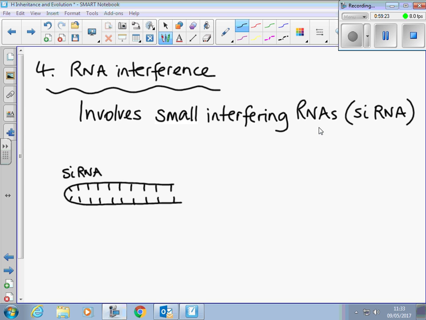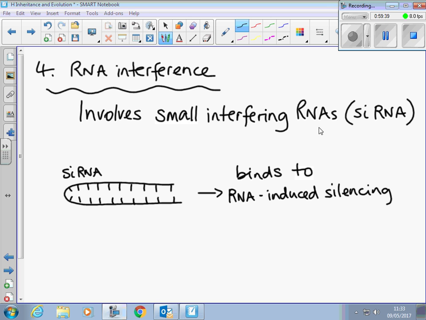And this binds to, let's get this right, RNA-induced silencing complex protein, and it's just known as RISC.